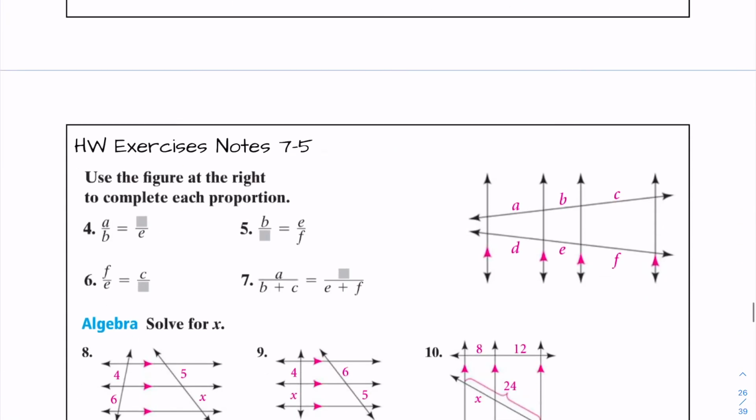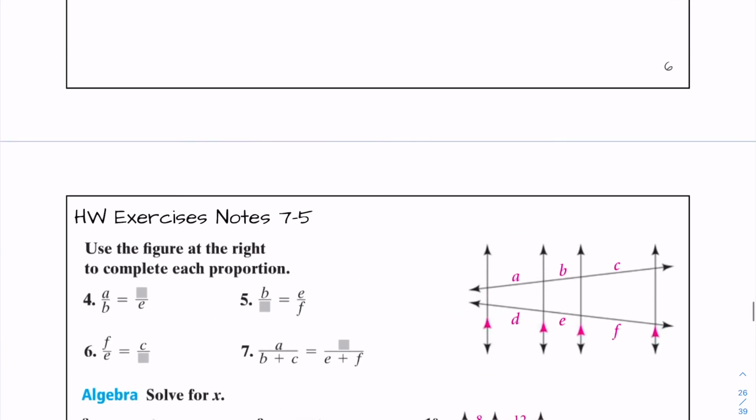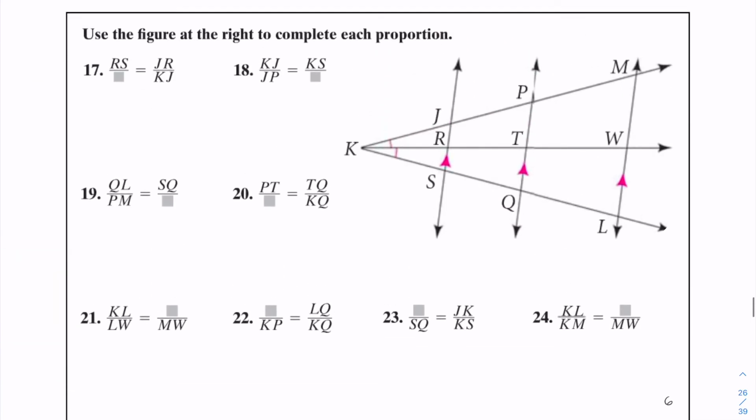And then here's our last slide before we start the notes part. So we're just going to look and fill in the blank. Here we have RS is to something as JR is to KJ.